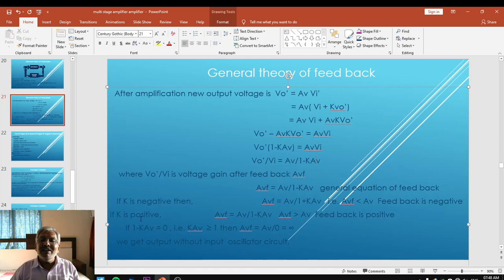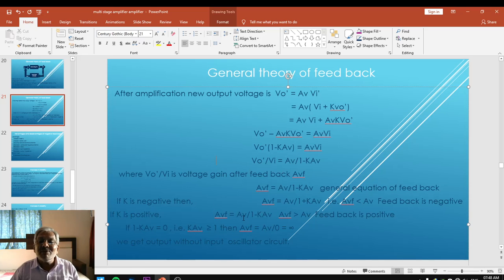Now, if K is positive, then feedback is positive. When K is positive, we get AVF equal to AV upon 1 minus KAV. This is the general equation, and substituting K equal to K, the equation remains the same.